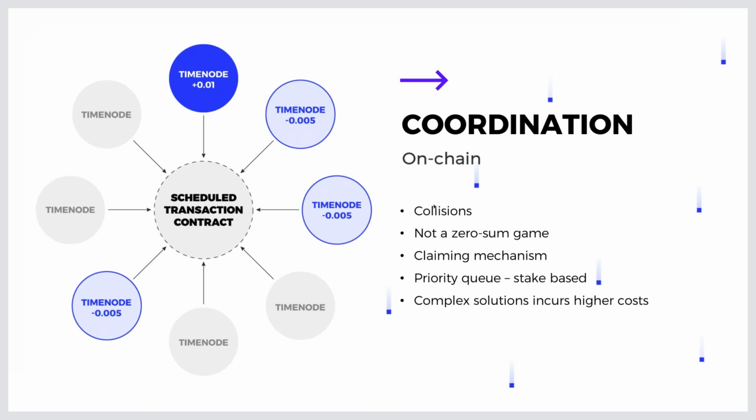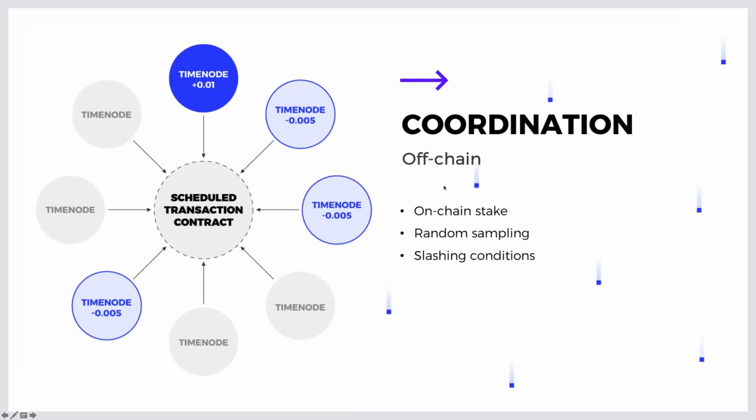The other idea might be a priority queue based on the stake, which would allow the executing agents with the most stake to execute more often. With the off-chain part, essentially what we're thinking is that the off-chain coordination games have very similar problems to the Casper block producers.